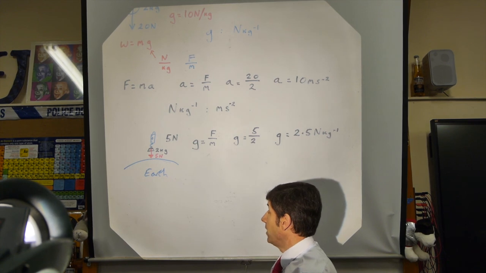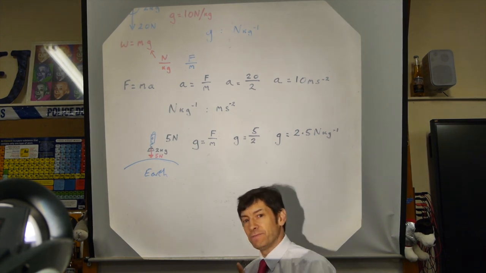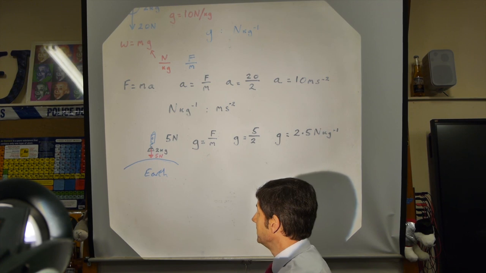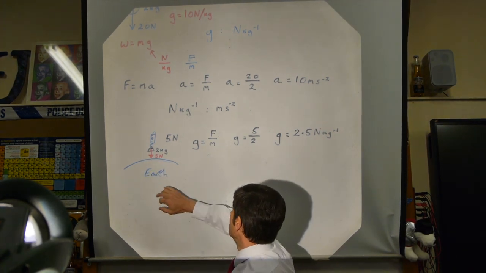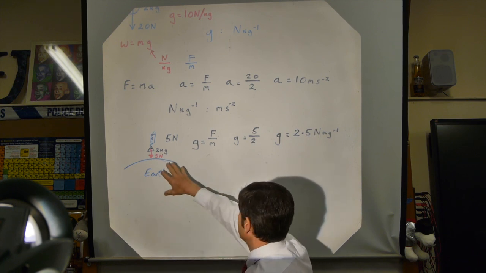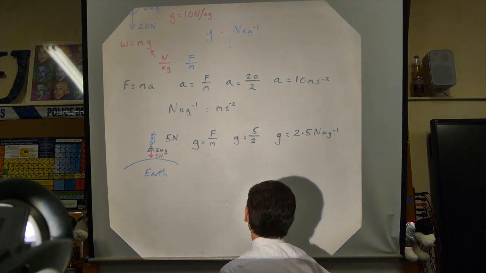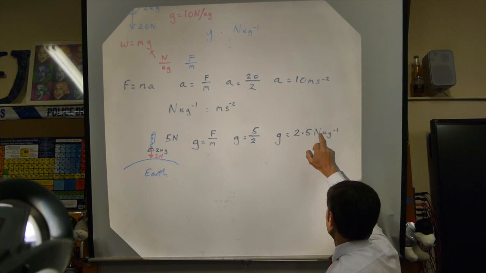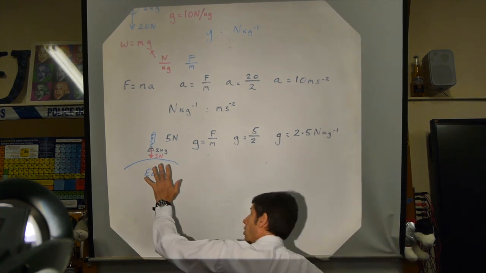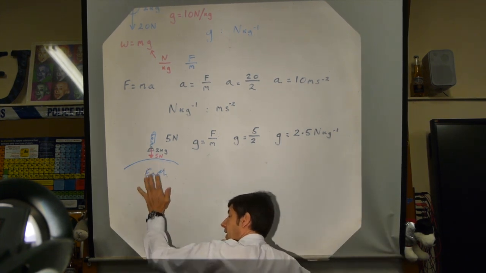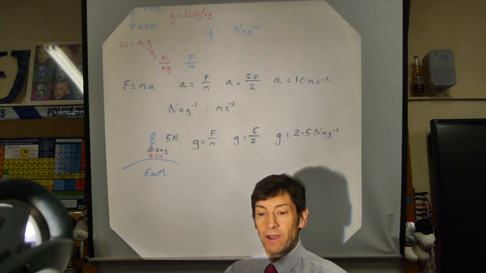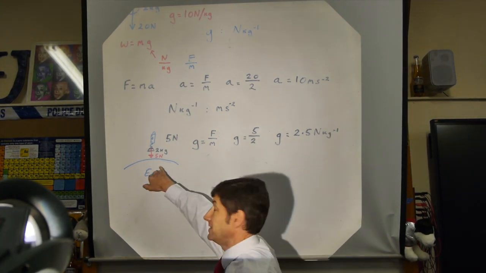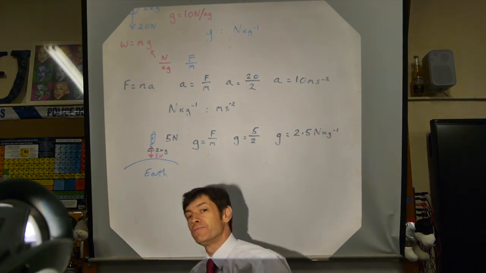The next thing is, don't get it into your head that this 5 newtons, in other words, caused by the gravitational field strength at that point, 2.5 newtons per kilogram, is due only to the Earth. I've given you the gravitational field strength, or we've calculated it, at that point.